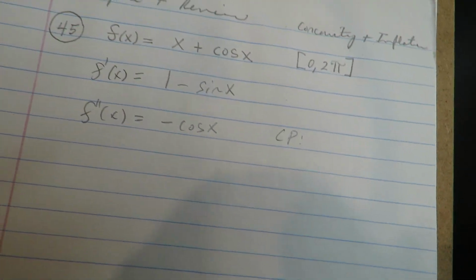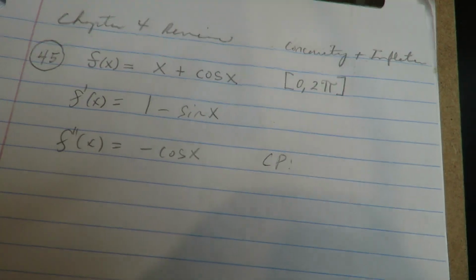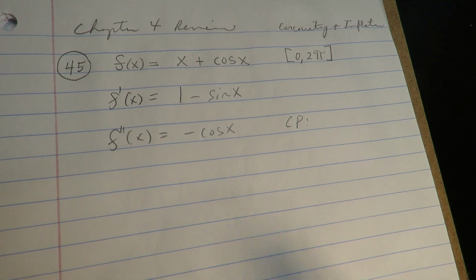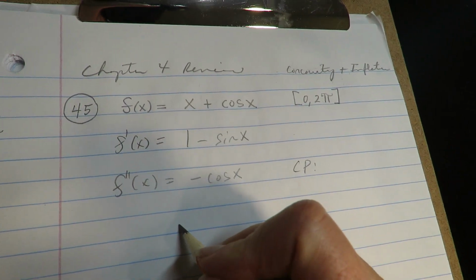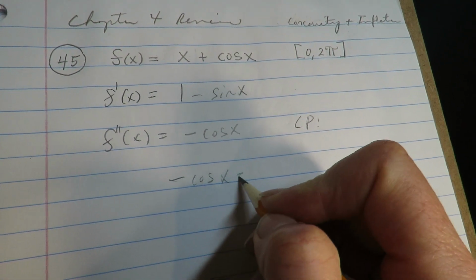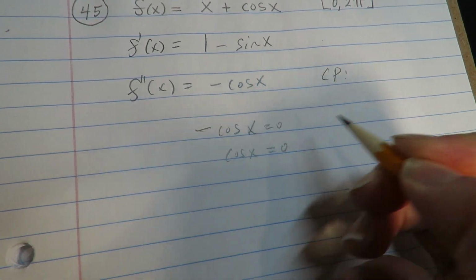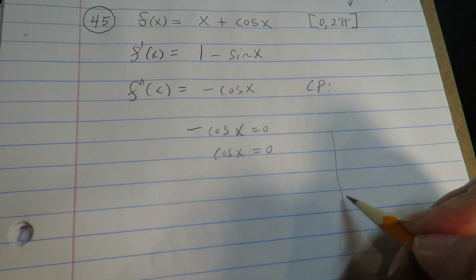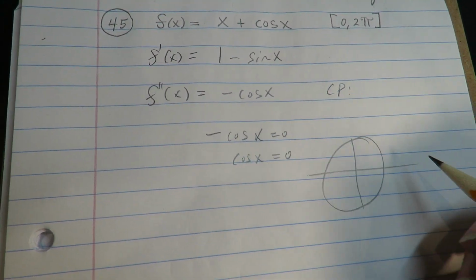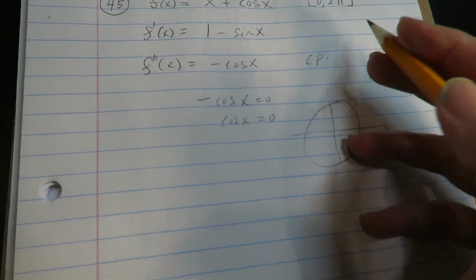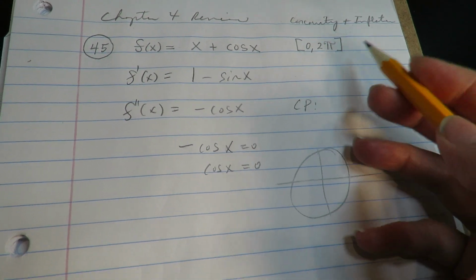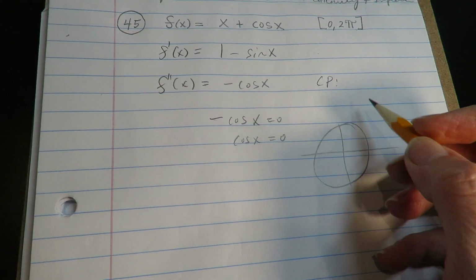There we go. Okay, so I have to figure out where negative cosine of x is equal to 0. If you divide off the negative, you get cosine is equal to 0. And by the way, it's on 0 to 2 pi, so just one revolution.